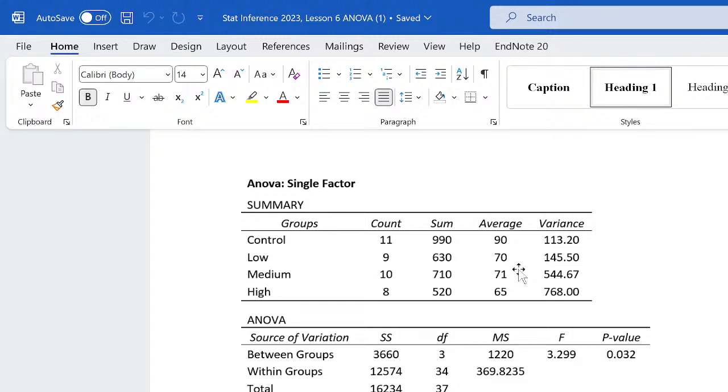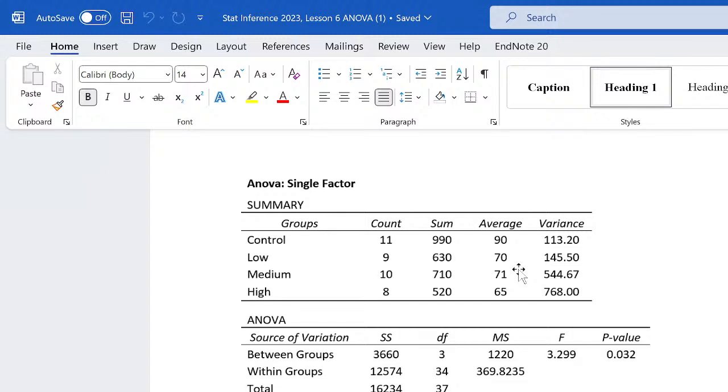Degrees of freedom. Exactly what you would think. This 37 is your 38 minus 1. That's your n minus 1. The 3, there are 4 groups, so it's 4 minus 1. And your n is 38.